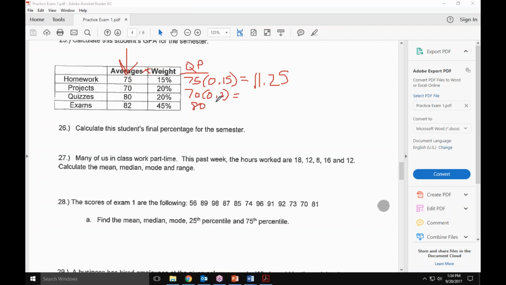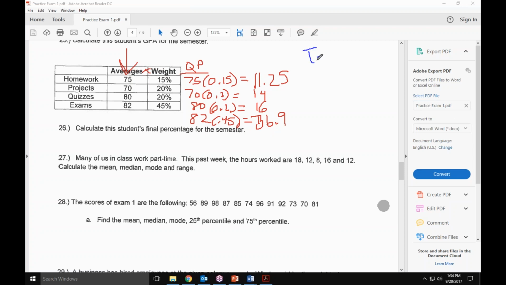We're going to take our quizzes times 0.2. 14, correct? And exams times 0.45. 16 is the next one. Good. And 36.9. Okay.